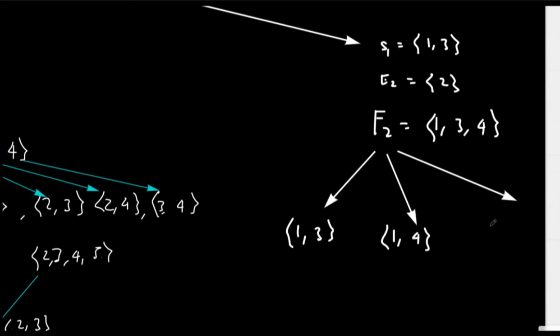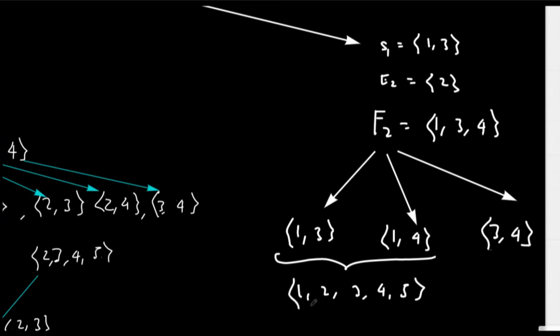So here what we will go for 3, 4, right? And with this, if we carry out, that is 1, 2, 3, 4, 5, and under this situation, that is 2, 3, 4, 5.